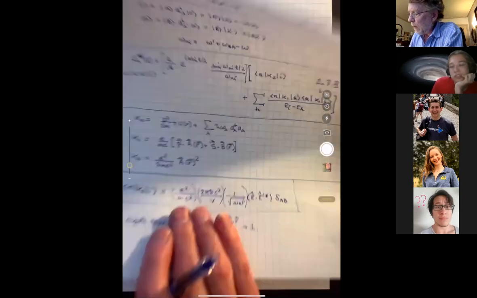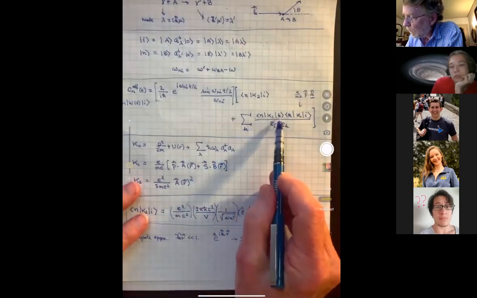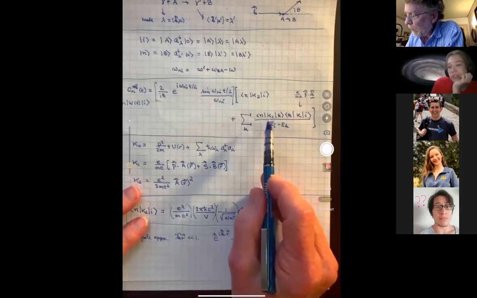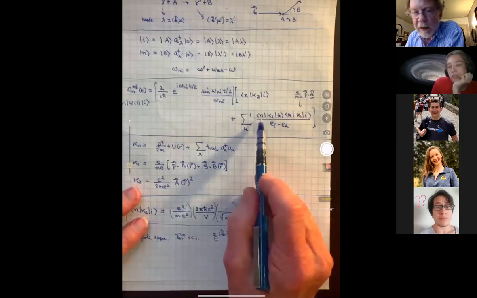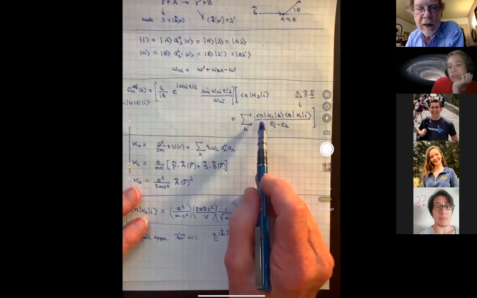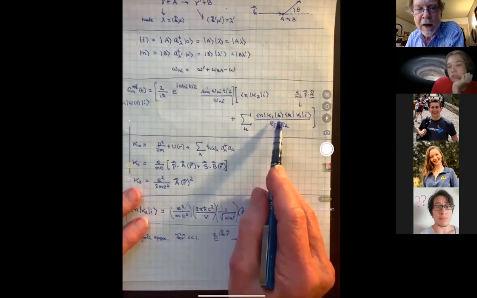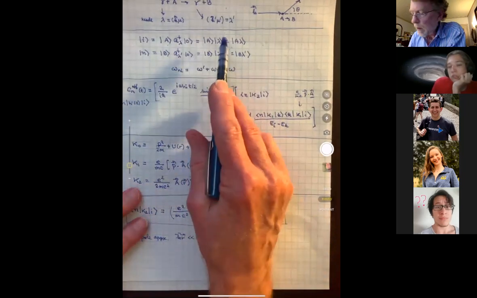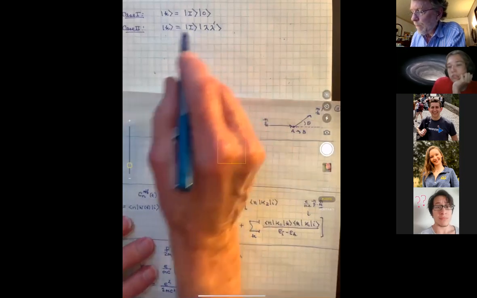Why is that? Because when we come over to the second matrix element, if k has two photons in it, one of which is the initial photon, then this second factor of K1 has to destroy the initial photon because the final state doesn't have the initial photon in it. It's got the final photon in it. And so the one that's not destroyed had to be the final photon. That's why this is a lambda prime here.